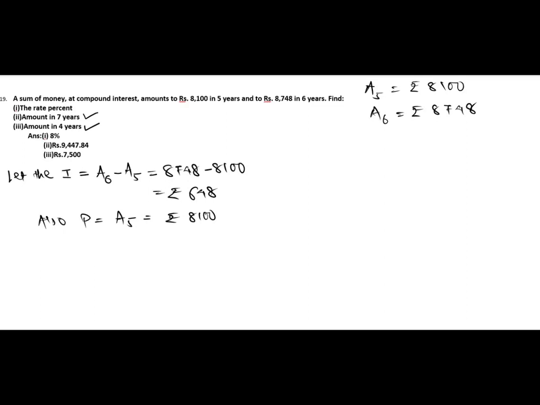Okay, now since we have got the interest and the principal, we know that time will be 1 year, so we can find the rate. What will the rate be? See, interest will be PRT upon 100.